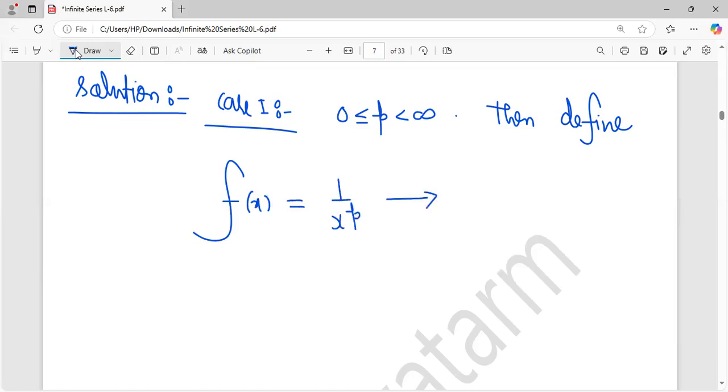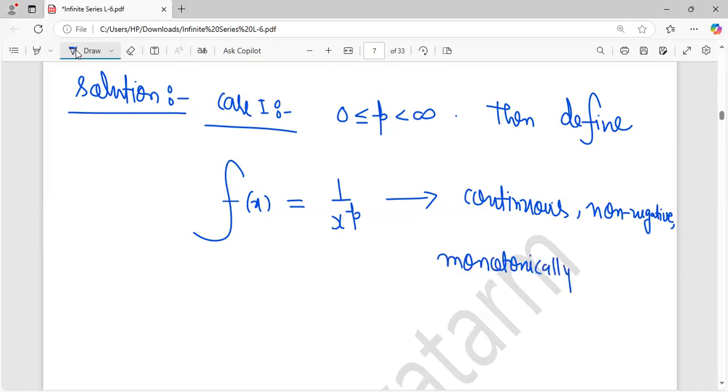This is a continuous, non-negative, monotonically decreasing function.